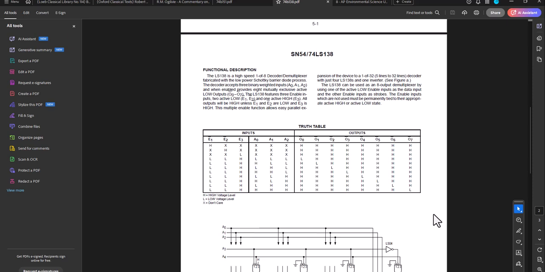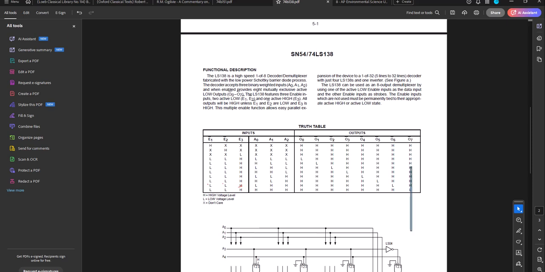So this A0, A1, A2, that's what I was using for my S's. But it has 3 enable inputs. If you want it to work, you have to put ground to E1, E2, and VCC to E3. Otherwise, it's not going to work.